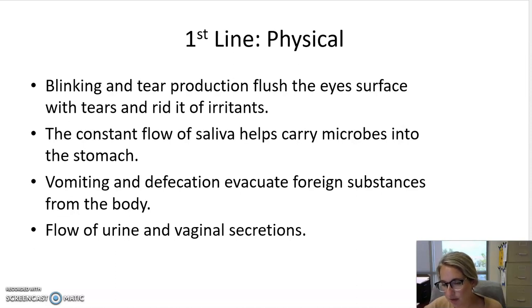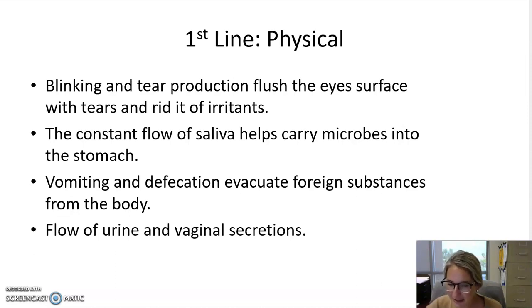Within our gastrointestinal tract, we have the constant flow of saliva. There are antimicrobial factors in the saliva that we'll talk about in a second that can kill bacteria, but naturally that constant flow of saliva to the stomach keeps everything moving downward. And the stomach is kind of like the dumping grounds for anything our body needs to kill as far as infectious microbes.